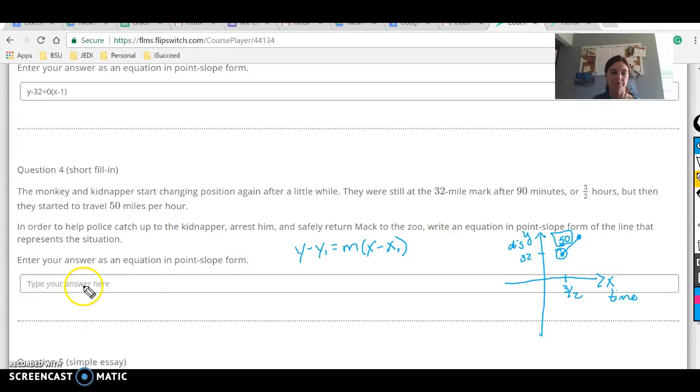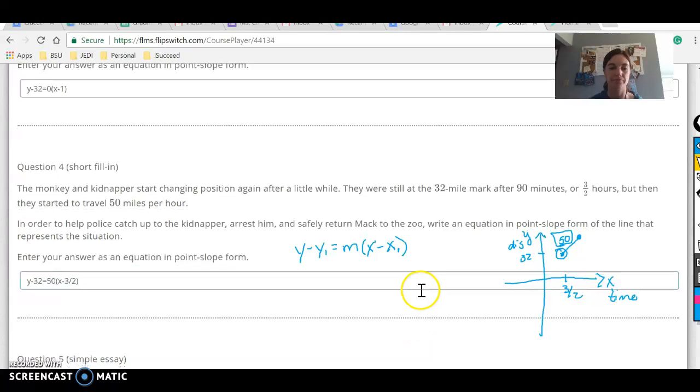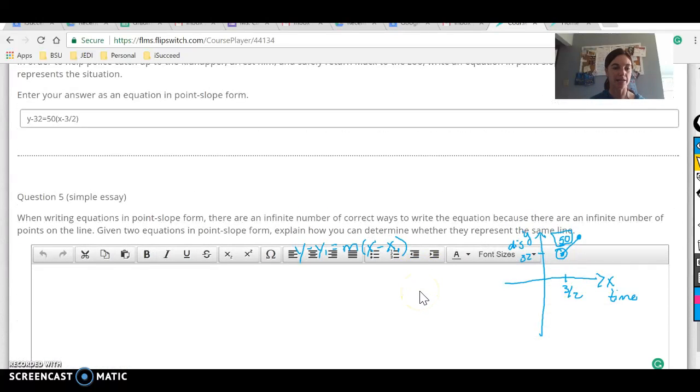So this is going to look like y minus 32 equals 50 times x minus 3/2. We chose the 3/2 because we're dealing in miles per hour, so we wanted 3/2 of an hour.